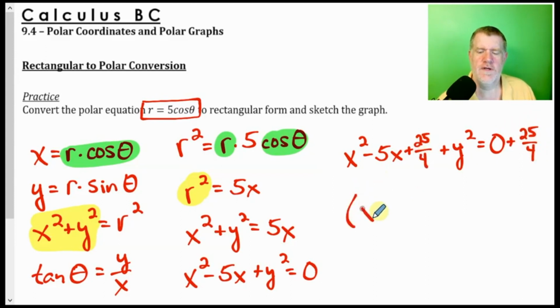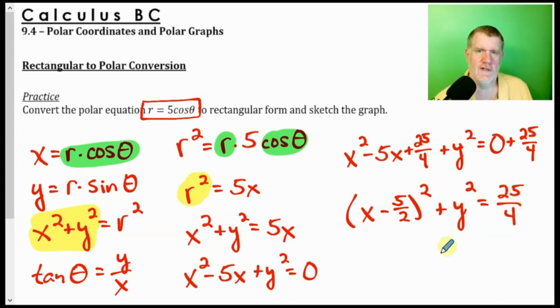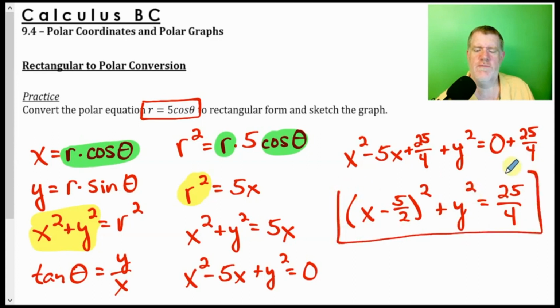So this becomes x minus 5 halves squared plus y squared equals 25/4. So the circle has a radius of 5 halves, because it's the square root of this, and its center is 5 halves, comma, 0. But this would be the rectangular form of that polar equation.